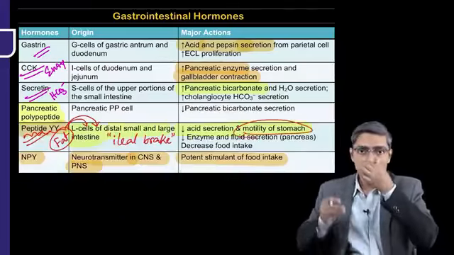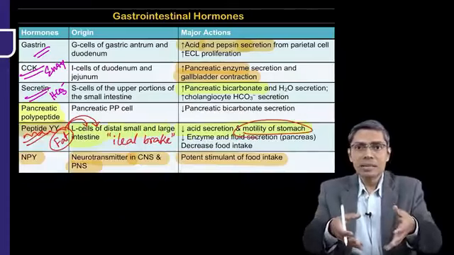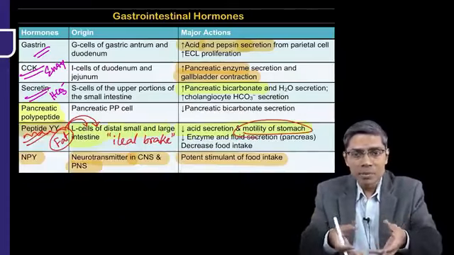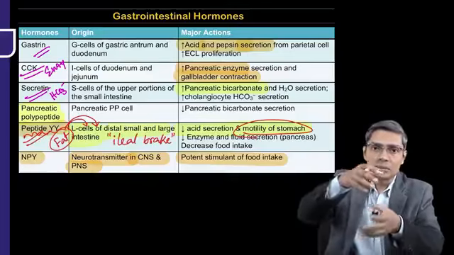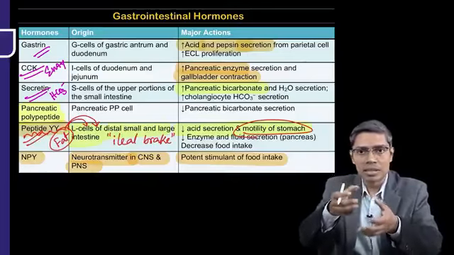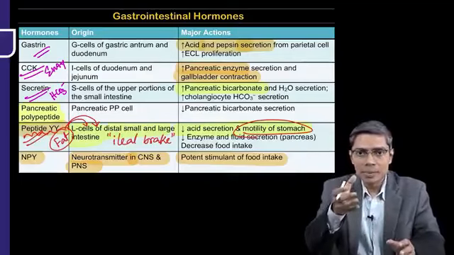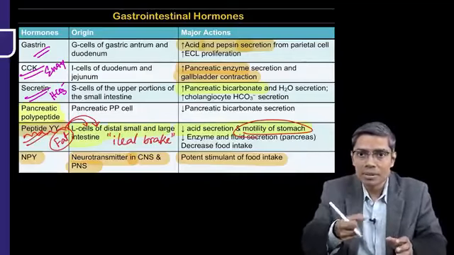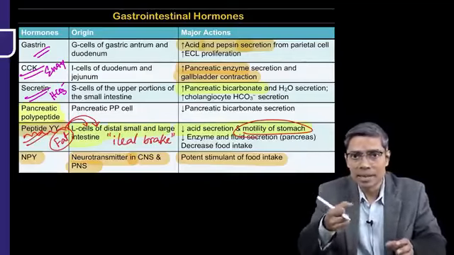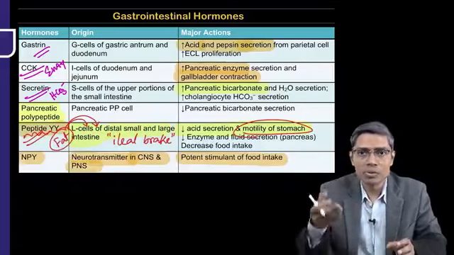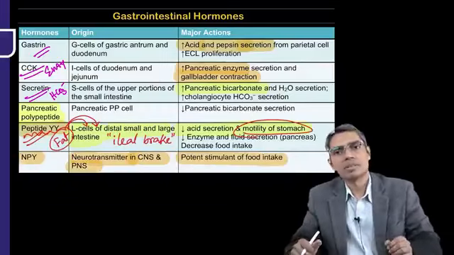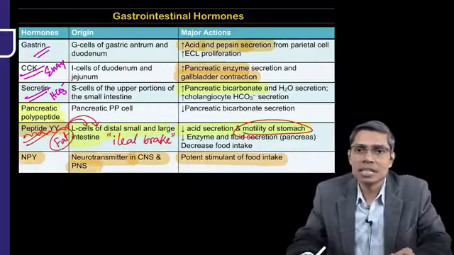So fatty food reaches the terminal ileum, peptide YY is released from there and acts at the stomach to decrease its motility. It is as if it is putting a brake on the stomach. That's why it is known as the ileal brake: from the ileum, one peptide is released which causes a brake at the level of the stomach.